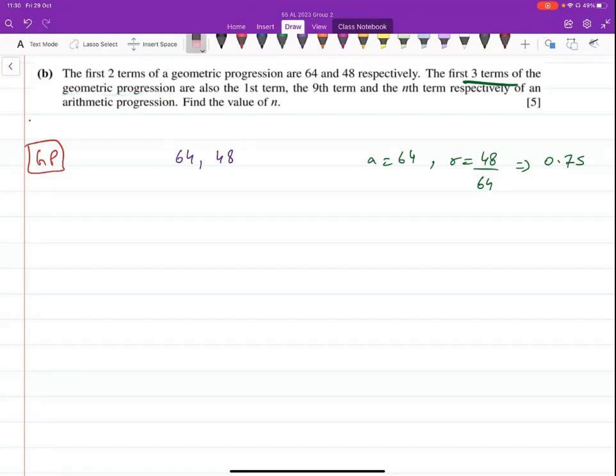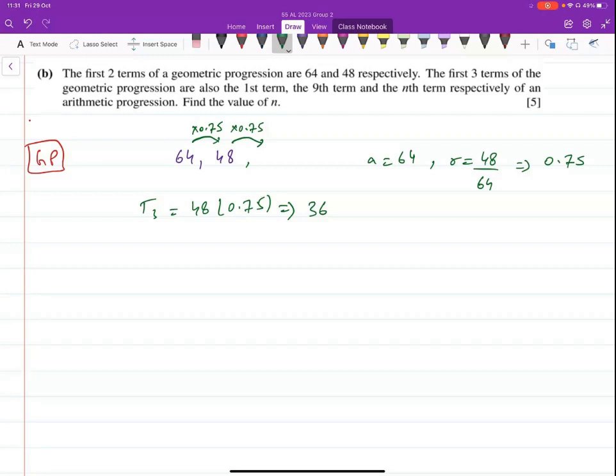Can we find the third term from this? We know the ratio is 0.75, right? So we multiply 48 by 0.75 to get the next term. T3 is going to be 48 into 0.75, and that gives you 36.